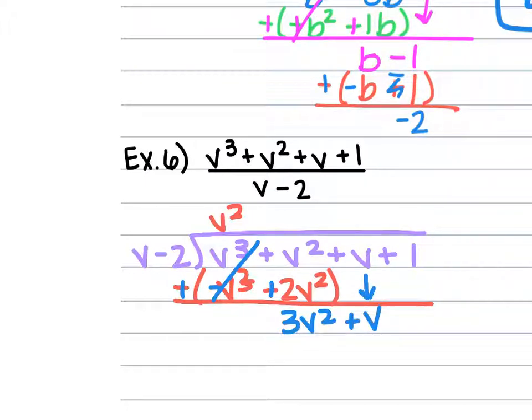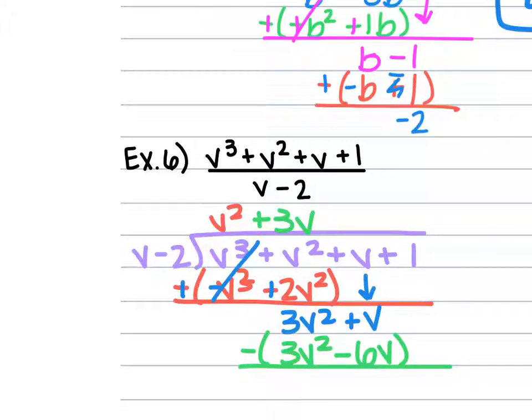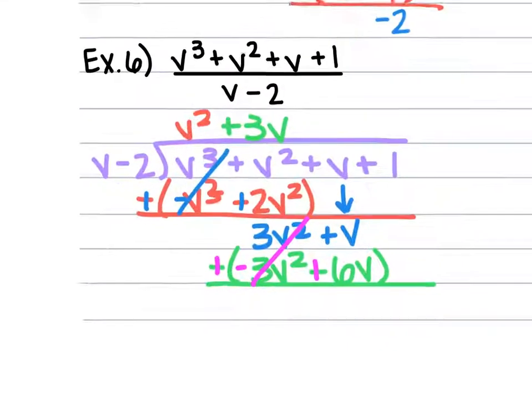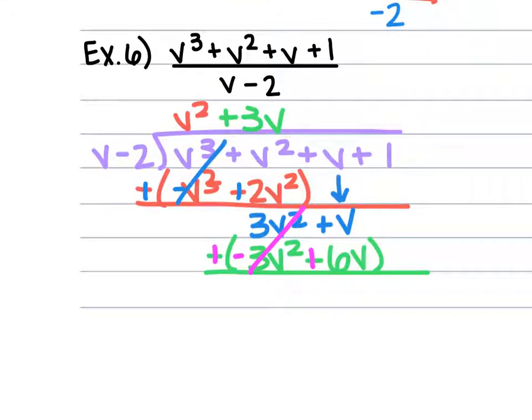V times what is 3v squared? That's a positive 3v. So multiply the 3v by v minus 2. We get 3v squared minus 6v. I'm going to subtract or add the opposites. The 3v squared cancel. V plus 6v is 7v. I'm going to bring down that 1. And now I'm going to do v times what is 7v.